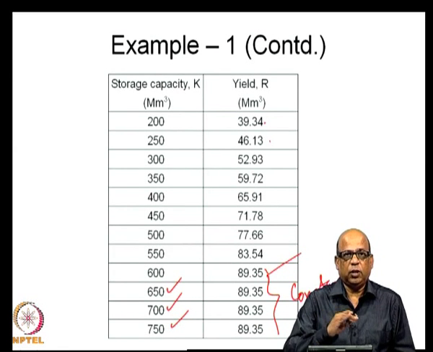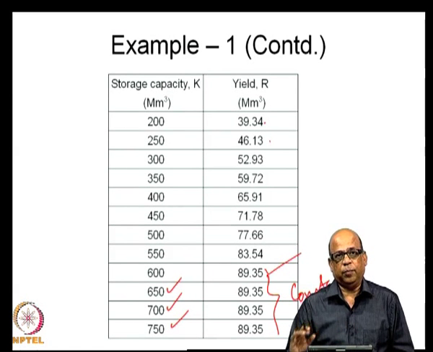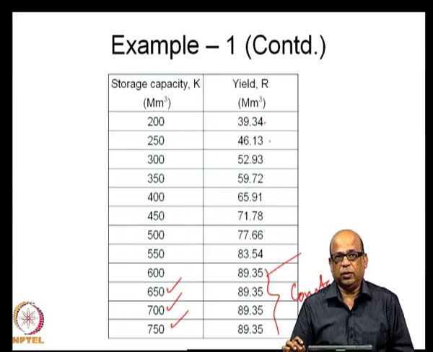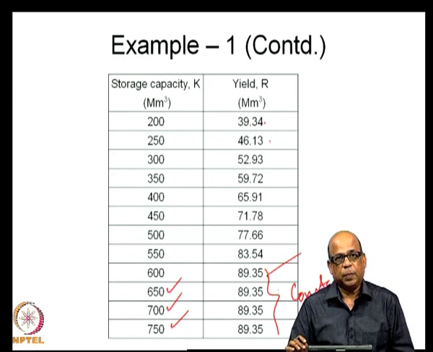Now, this 89.35 is the constant release that you can maintain all through the year from that particular inflow sequence. So, no matter how big the reservoir is, you will not be able to maintain a yield more than 89.35. You can verify how you got this 89.35.